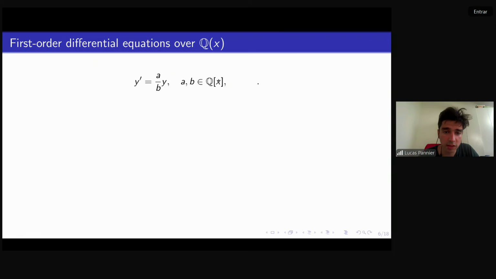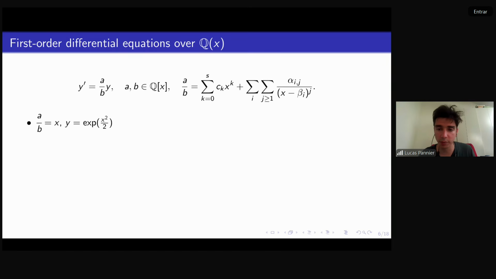So if we consider this kind of first order differential equation, we know that the solution is the exponential of the integral of this coefficient a over b. We can express a over b as a rational fraction, so here is a polynomial part plus a polar part. And we will see that we can actually simplify this general case.